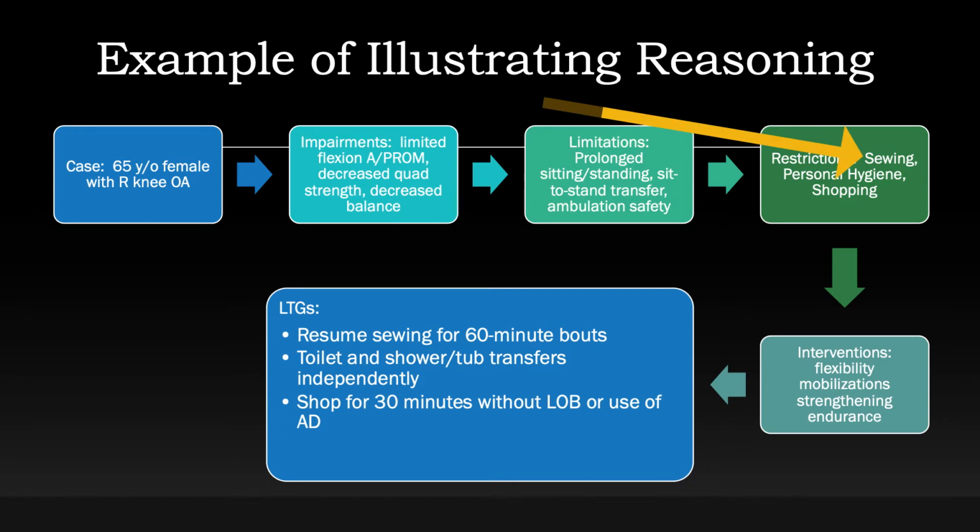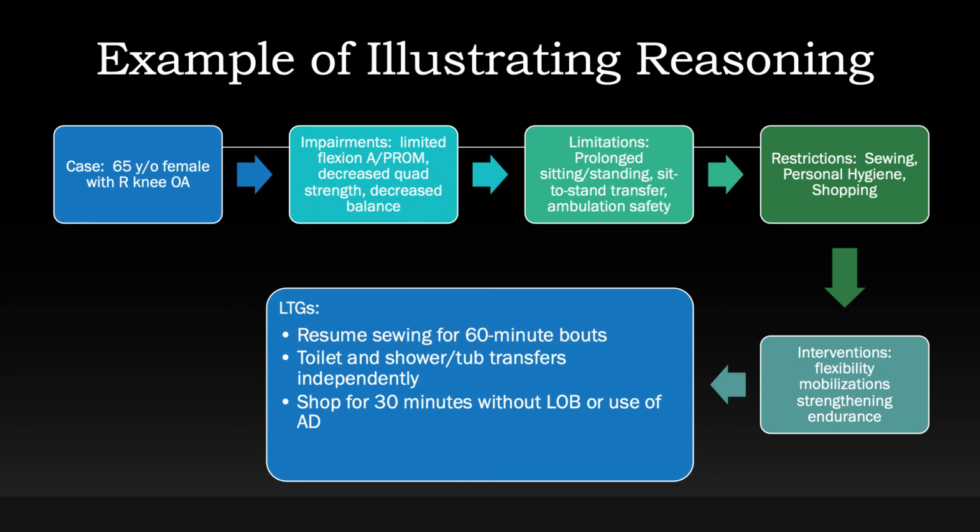So then you can see in the next box that we chose some interventions that would help with improving range of motion, including flexibility and joint mobilizations. And then we have a goal related to that impairment. Resume sewing for 60-minute bouts. So it reflects not only the relevance to the patient, but the relevance to all of the impairments and limitations that we discovered in our exam.